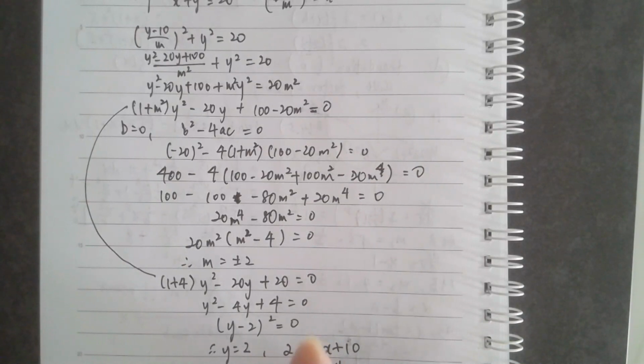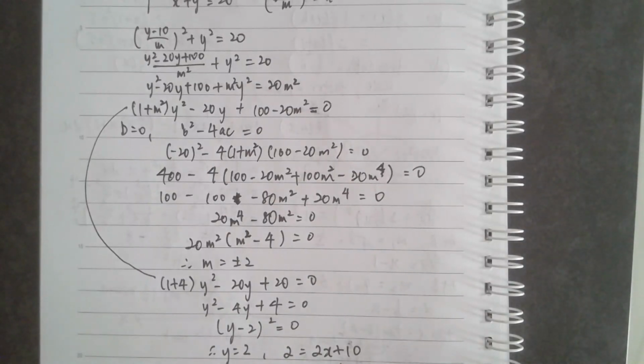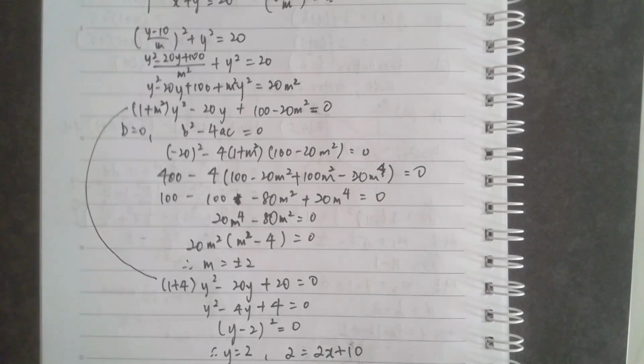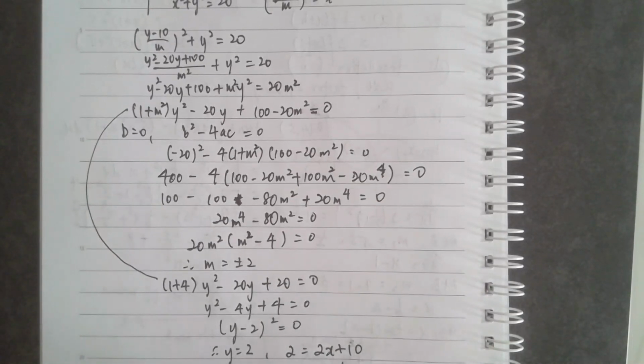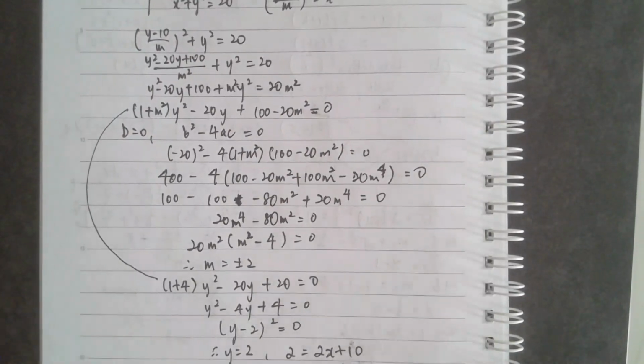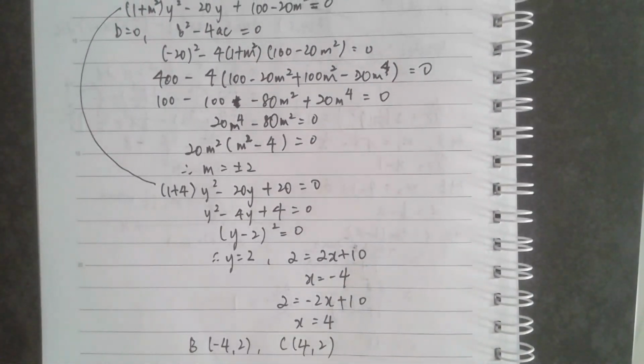Similarly, when you have 2 equals minus 2x plus c, x is 4. Looking at the diagram, B has to be negative x, so therefore B is negative 4, 2, and C is 4, 2. So those are the answers, B and C.